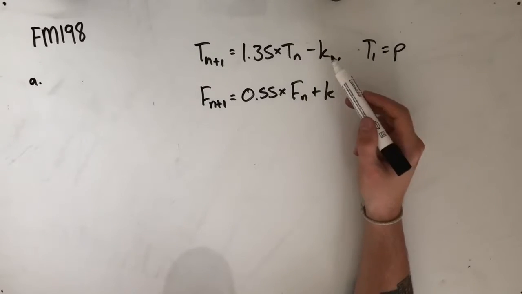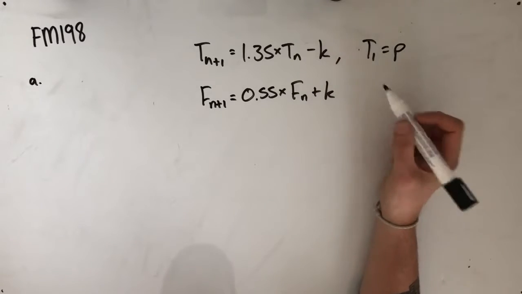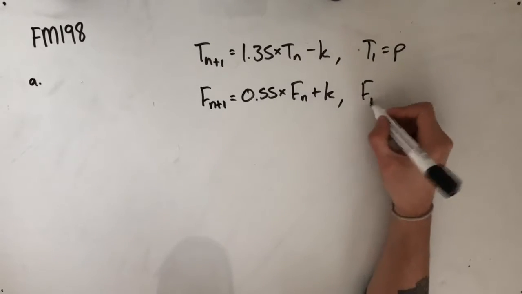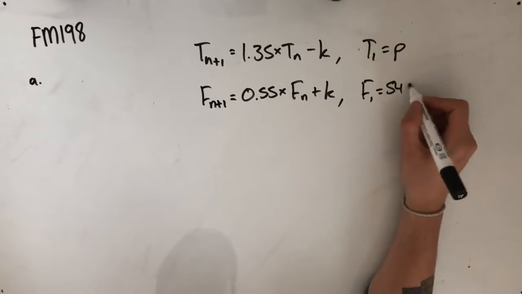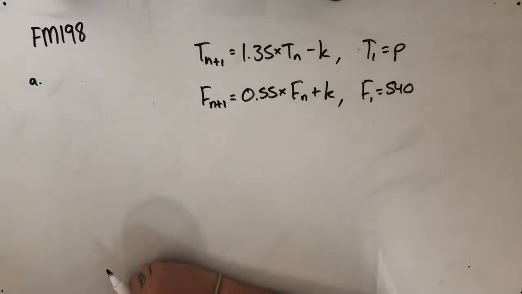That is the tadpoles that have matured and are being moved over to the enclosure, where F1 is equal to 540. Excellent.